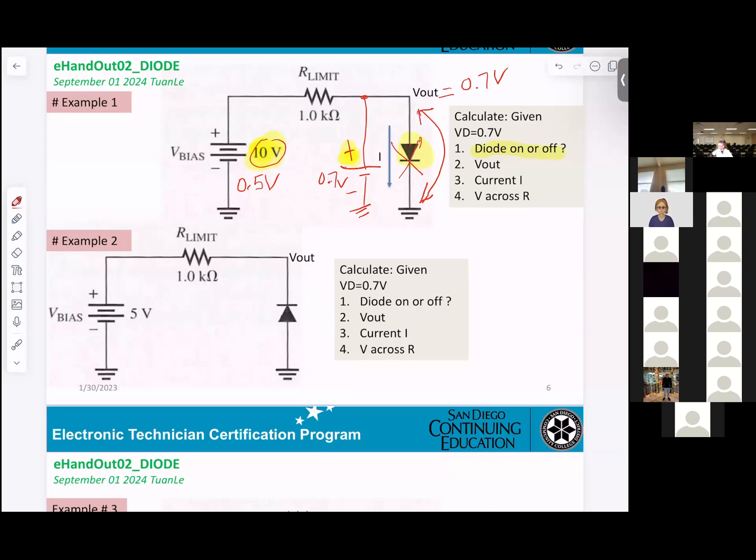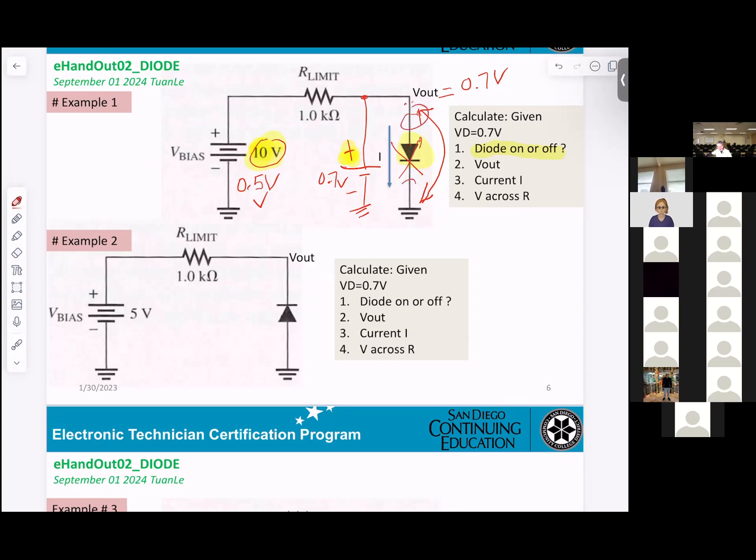By the way, in this case the diode is open. If you measure V out, what do you get? Now I'm talking about 0.5 volt. If I change it to 0.5 volt, which is less than the 0.7 volt needed to turn on the diode, the diode will be open.